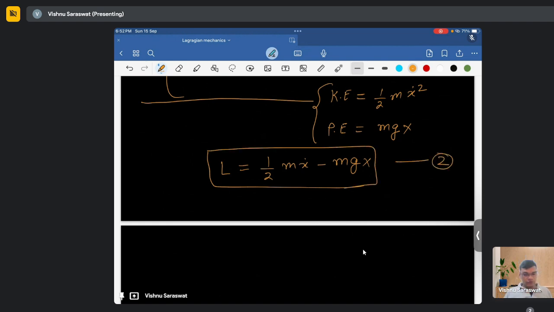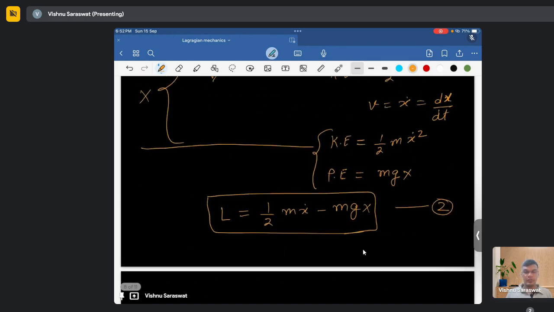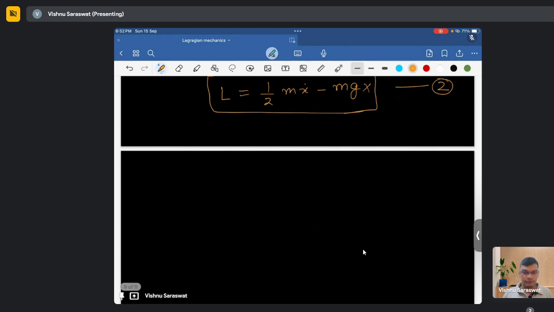Okay, so for the sake of our convenience, Lagrangian introduced the general equation of motion.